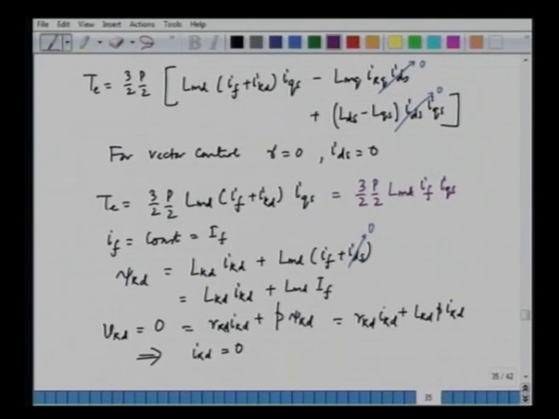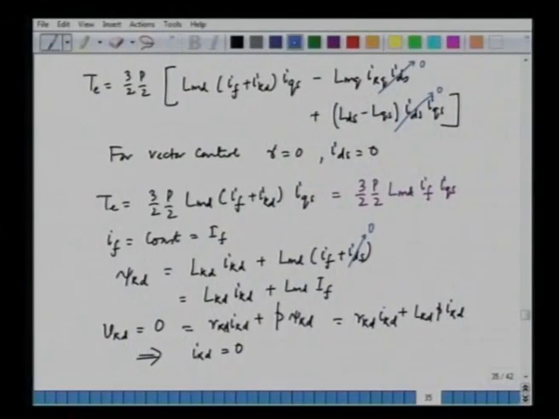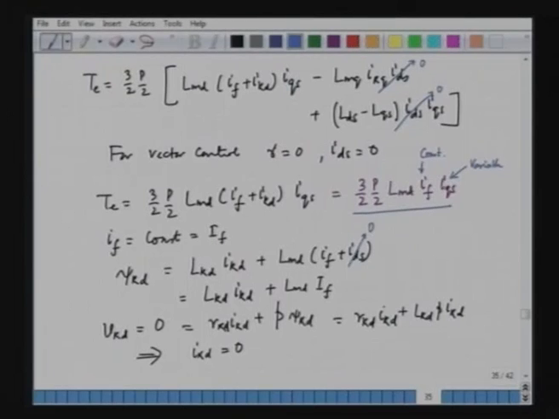So this is actually the equation of the torque, and it says that if we keep IF constant, torque is proportional to IQS. This is a simple equation in the sense that IF is kept constant. We can change IQS to change the torque, and if we change IQS, torque will be changed proportionately. We can show it in terms of a block diagram.